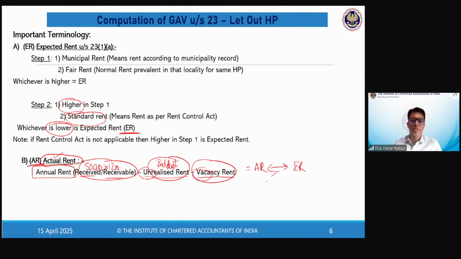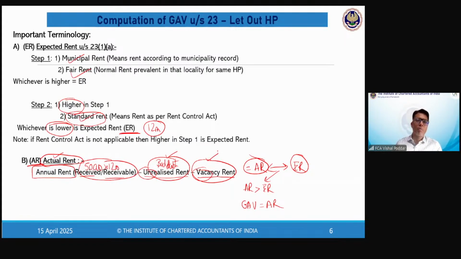The possibility is that your AR is greater than ER. If this is the case, AR becomes the GAV. Now remember one thing, students: ER is a 12-month figure because the values you have taken, municipal, fair, standard, are all for 12 months. But your AR may not be for 12 months because you have deducted two different rents from it.